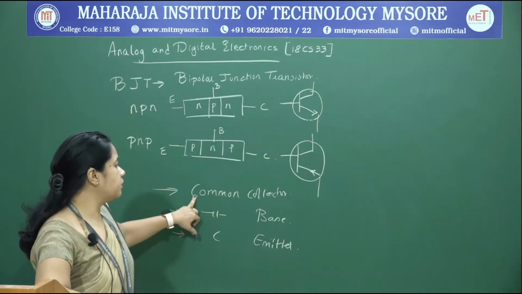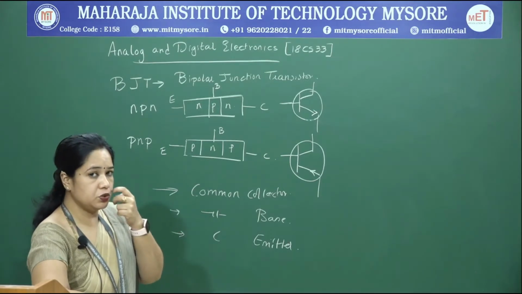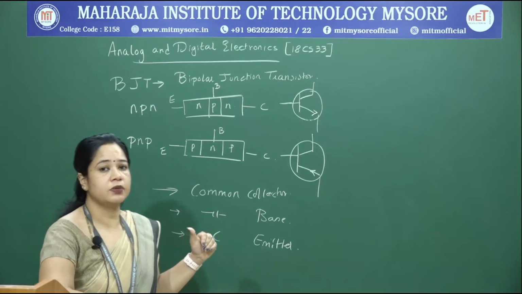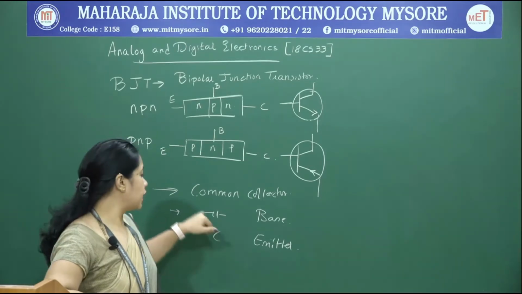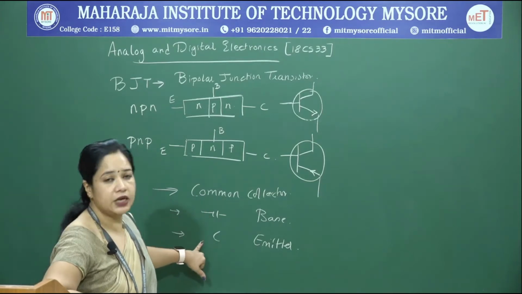Because we are supposed to connect the input and output, we need 2 terminals, and because we have 3 terminals here, we keep one of the terminals common to both input and output, and accordingly we have 3 types of configuration: common collector, common base and common emitter.